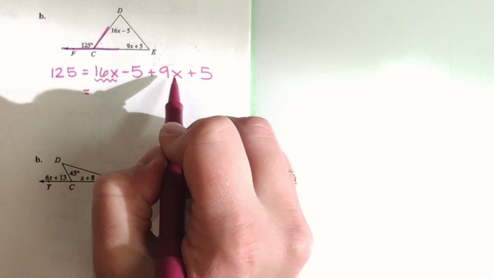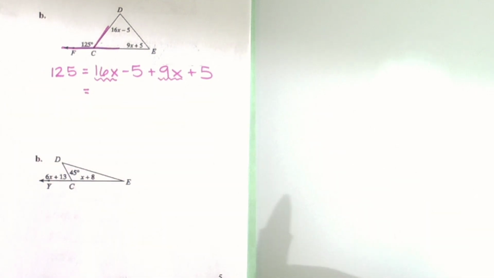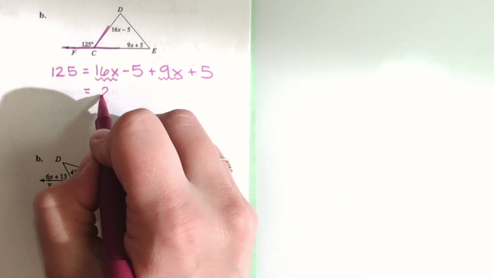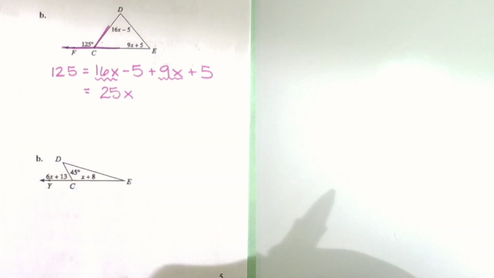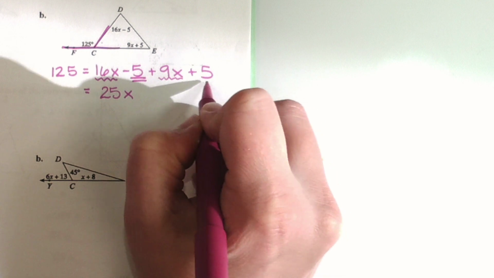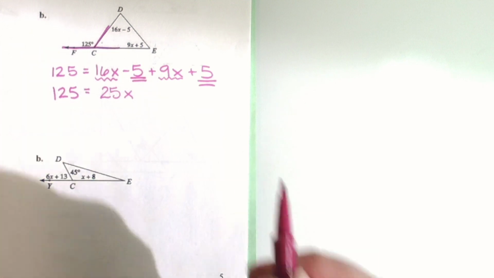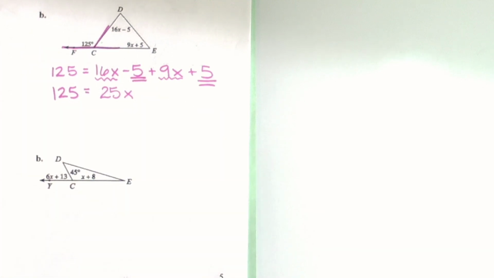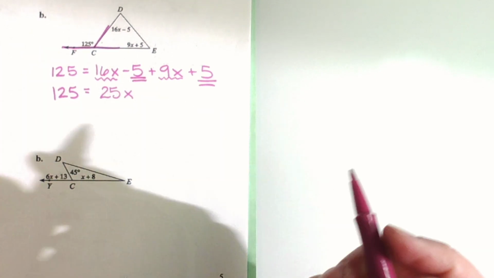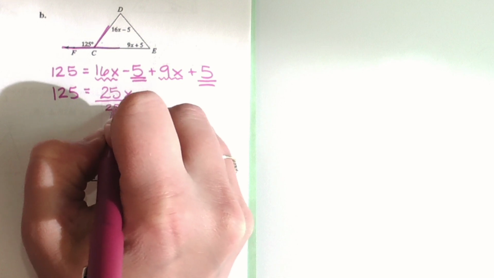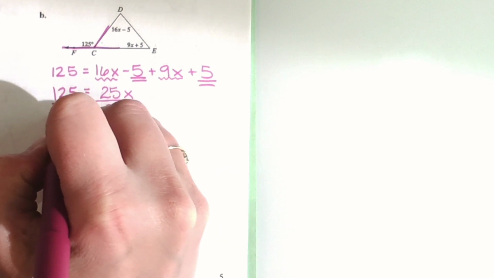They're on the same side, so I don't minus them. Oh, add them. 16 plus 9 is 25. Yeah, and then add the negative 5 and the 5. Negative 5 plus 5 is? 0. 125 doesn't get touched. Divide by 25, x equals 5.